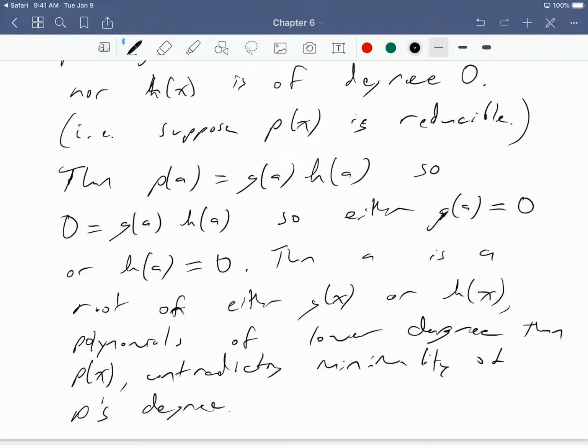Okay, so there's our contradiction. If we could reduce it, then we would actually have another polynomial that A is a root for, and that can't happen because p was supposed to have minimal degree. So that's part 1 of our theorem.